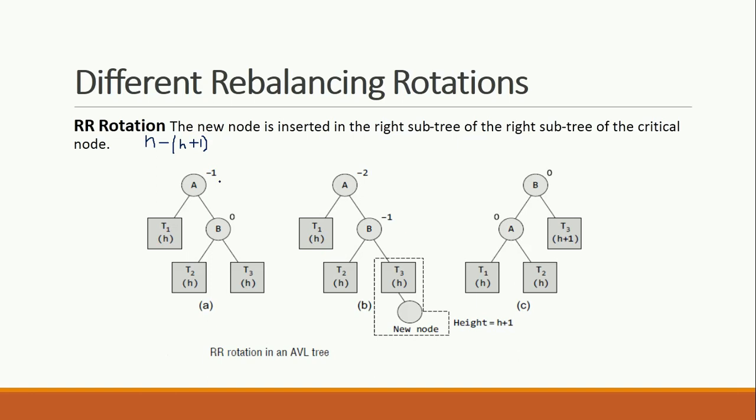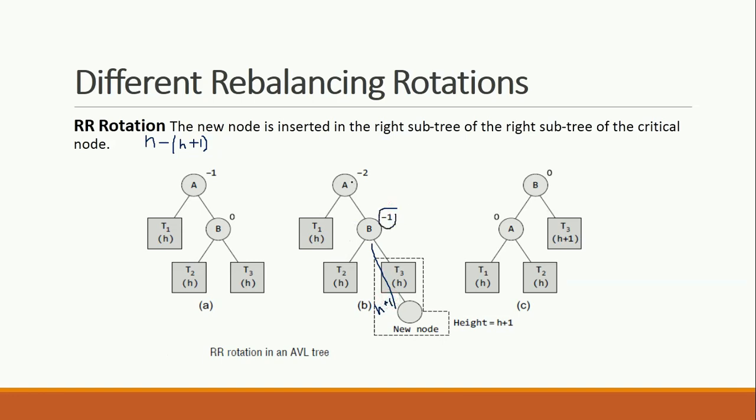Fine. Now somebody has added this particular new node. Once I have added this new node, for this particular subtree, the height is now h plus 1. This will remain h. So it should be minus 1 now.